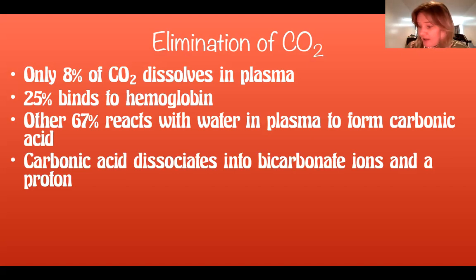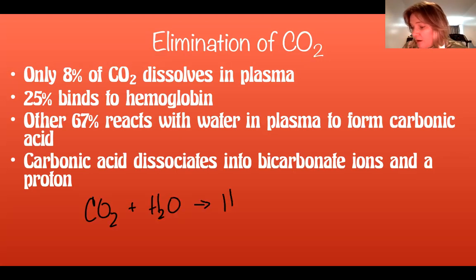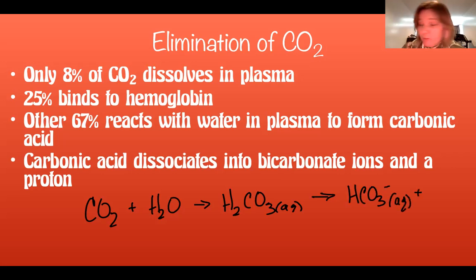So what does that look like? We have CO2 is going to dissolve in the water to form carbonic acid, which is H2CO3, that's aqueous. This is then going to break down into bicarbonate ions, which is HCO3 minus, and a proton, which is a hydrogen ion.